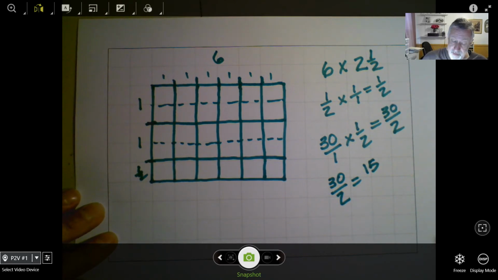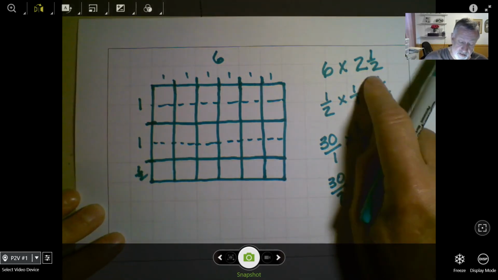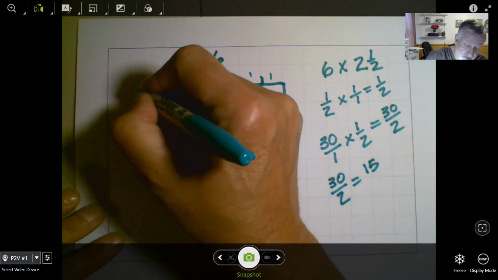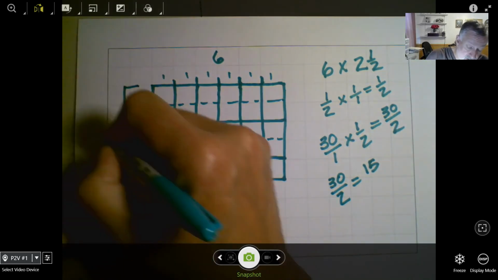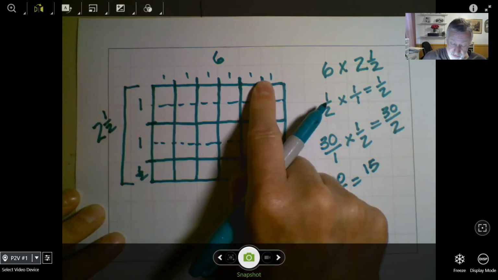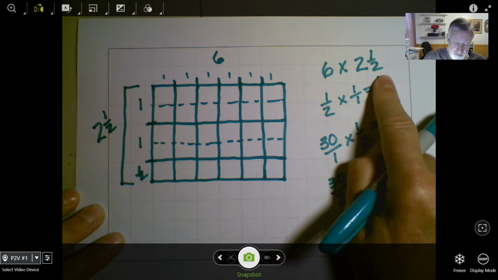Okay, mathematically, let's take a look at this. And the easiest way to do this mathematically is just to take each of these numbers here. So that here we have a size of 2.5 by 6, which is what we started with here.